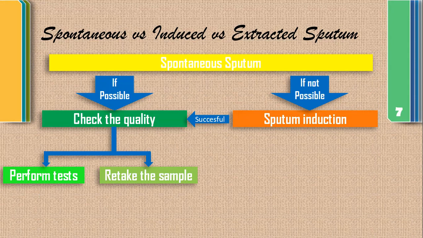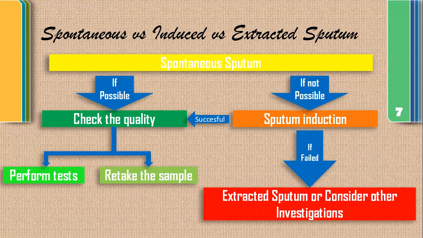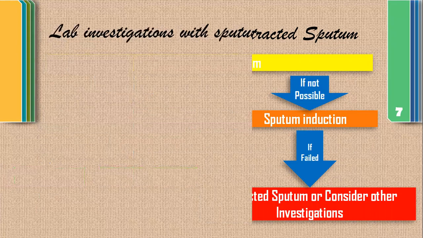But if after sputum induction we cannot obtain the sample or we cannot make the patient expectorate, then we do not do sputum induction again. Rather, we move on to the next thing, that is either to extract sputum or we leave the sputum examination for the time being and perform other investigations.